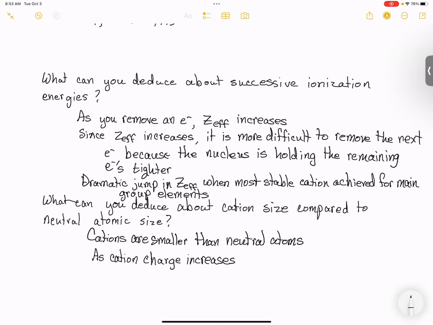The Z effective increases, which means it's harder to remove an electron. Why? Because it's even smaller. So as cation charges increase, the size decreases further. So what we can say is a +3 is smaller than a +2, is smaller than a +1, is smaller than a neutral atom.